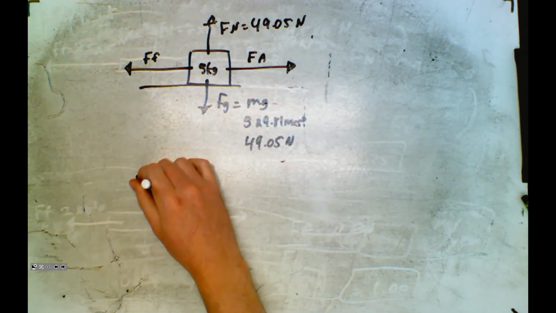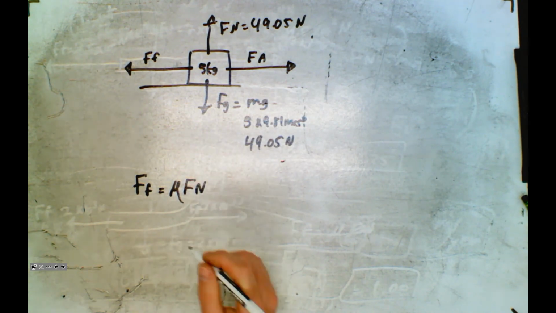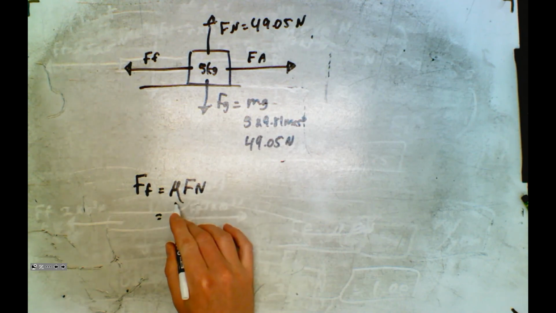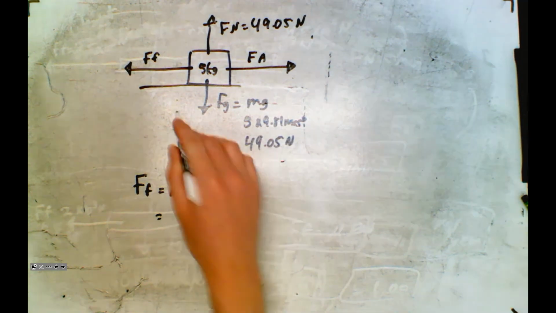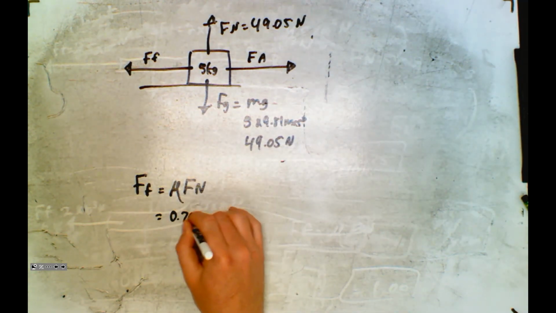Everything's equal. Force of friction equals mu Fn, so we can find the force of friction with this. They give us 2 coefficients of friction in this, static and kinetic, but if it's moving at a constant speed, we have to use kinetic, which is 0.70.